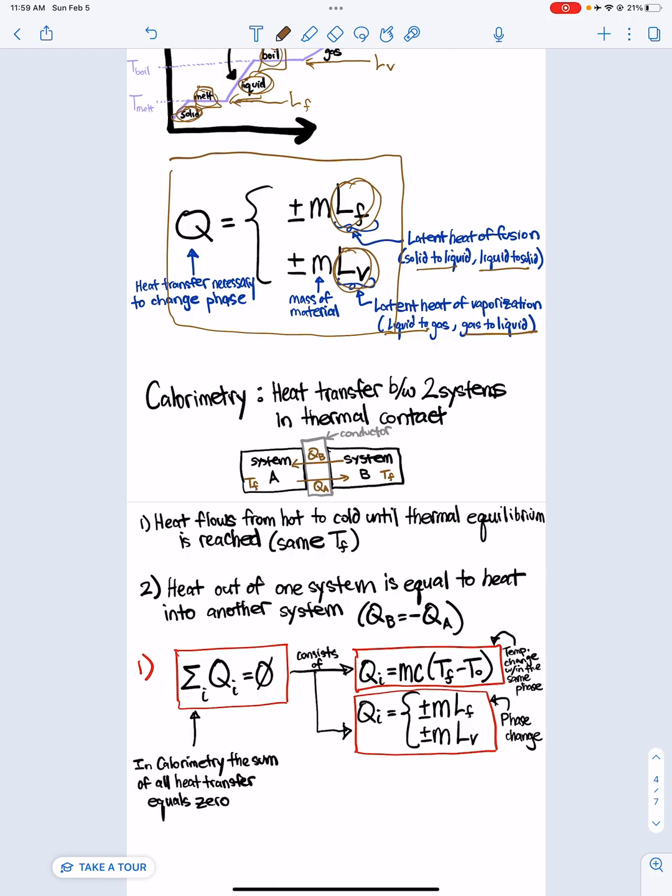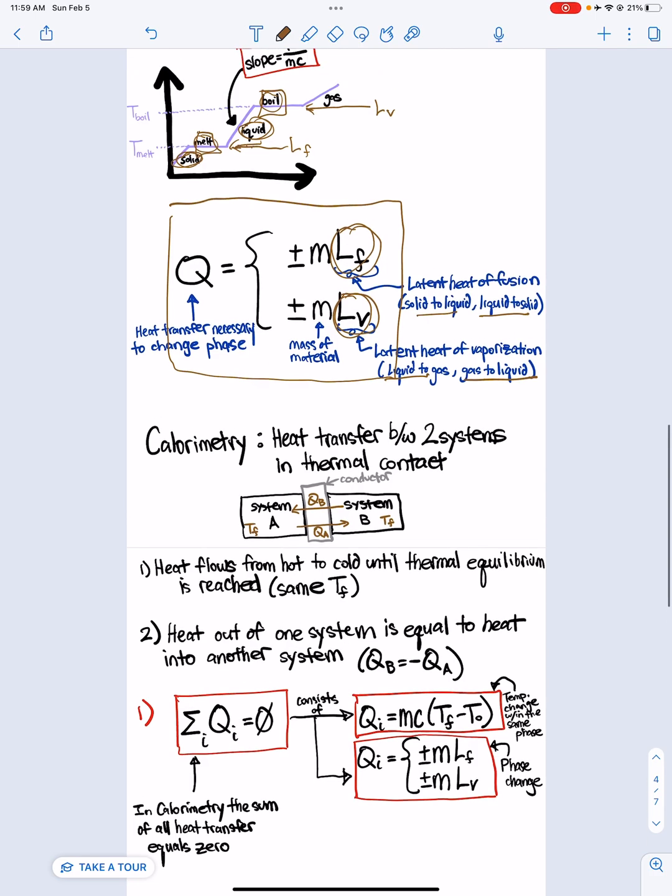We discussed that earlier with putting liquid water and ice in thermal contact. Heat flows from the liquid water to the ice because the liquid water is at a higher temperature than the ice, which is a solid. So heat would flow from the liquid water to the solid ice.